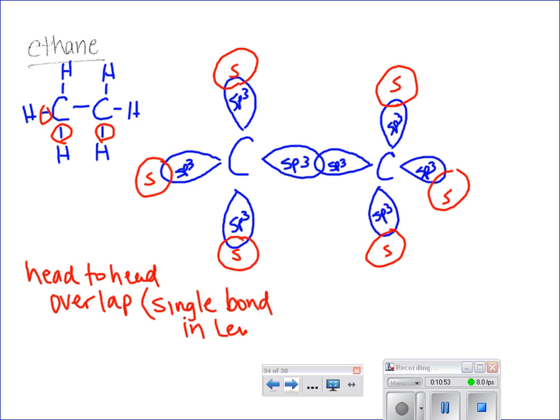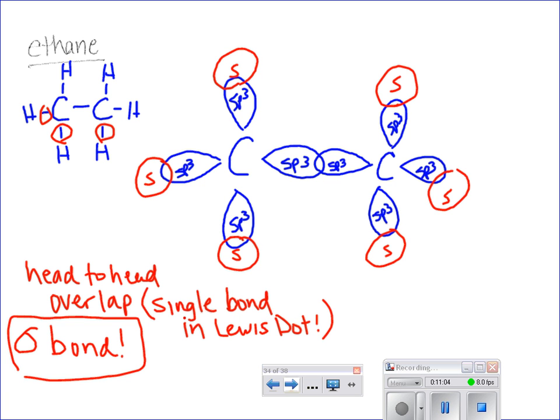Single bond in Lewis dot, we call it a sigma bond. I'll talk about the other one later, but anytime you have a single bond in a Lewis dot, it means the orbitals are just touching head to head. It's a sigma bond. So how many total sigma bonds are in ethane? 6 sigma bonds.